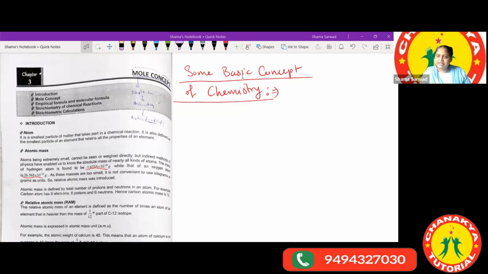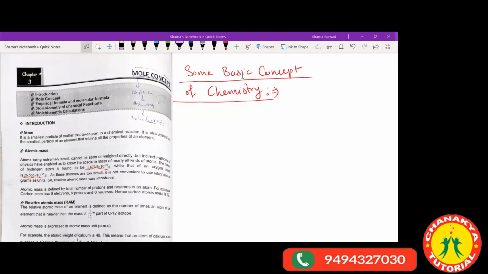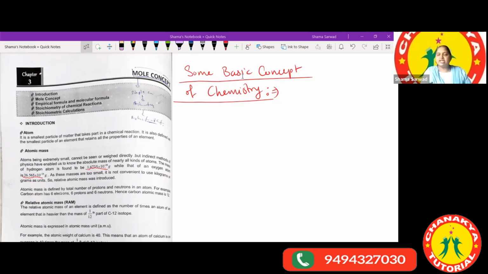Correct? Yes, ma'am. And the last 2, like ethanol and ethanoic acid, about that also you have learned, and IUPAC nomenclature also you have learned in that. So we're just going to go deeper in the organic chemistry chapter in grade 11 about the nomenclature, meaning how to decide the name of any given organic compound, right?